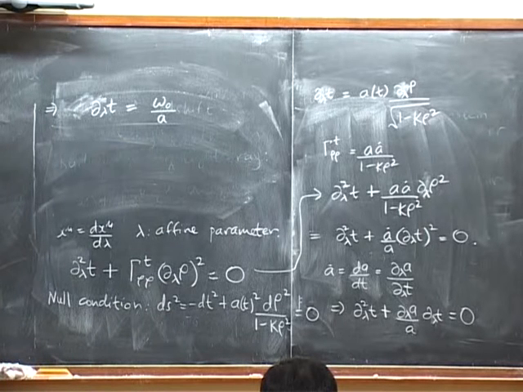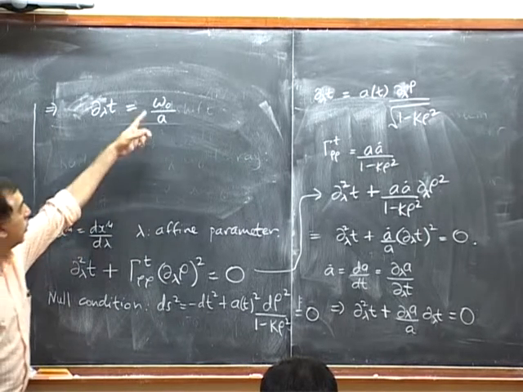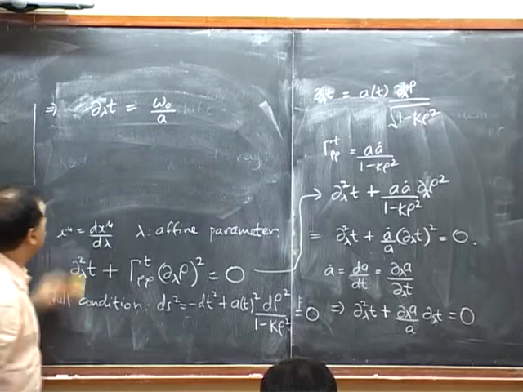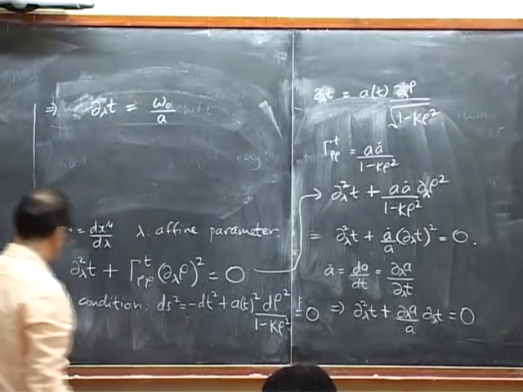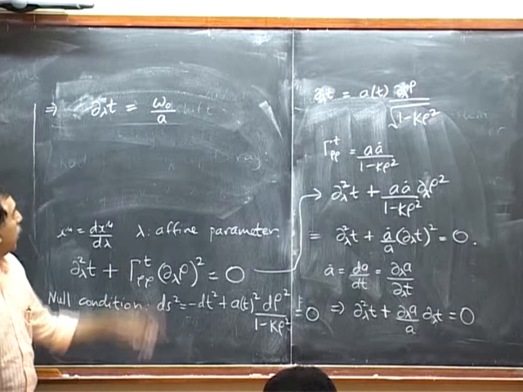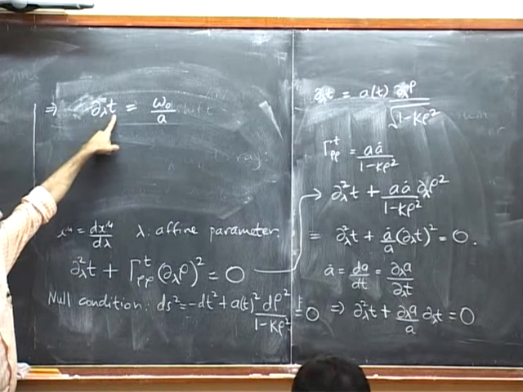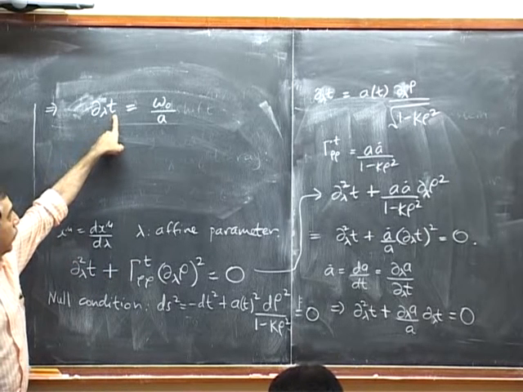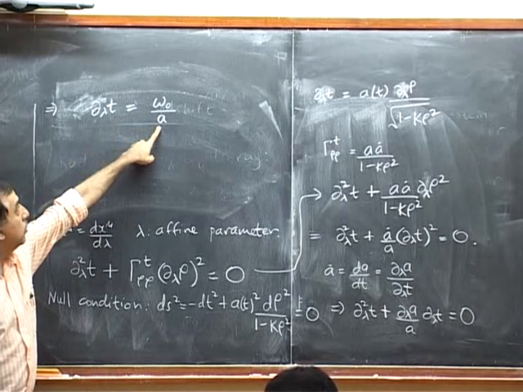Very good. Okay. So now we also notice that omega naught is like a frequency. So omega naught has dimensions of a frequency because the affine parameter is dimensionless, t has dimensions of time, a is dimensionless.